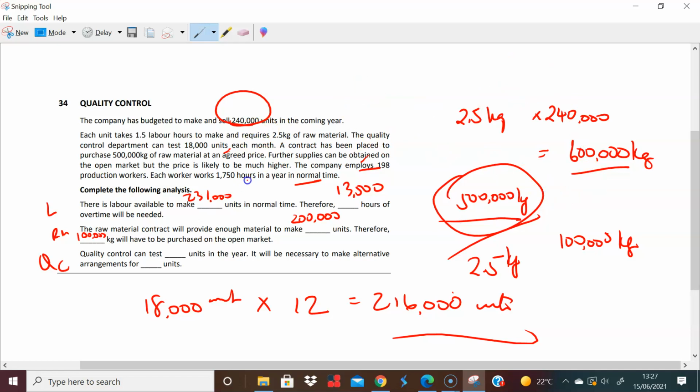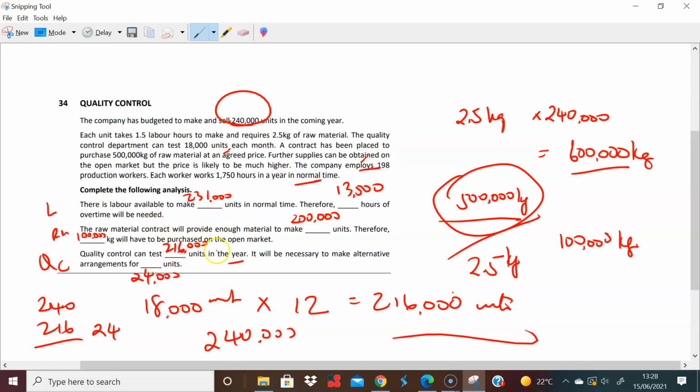If the aim was to produce and sell 240,000 units, the answer here is that quality control can do 216,000 units a year, and your aim is 240,000. You will need the difference, 240,000 minus 216,000, which leaves us with 24,000. So you need to make alternative arrangements for 24,000 units.